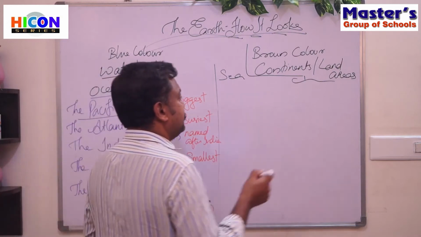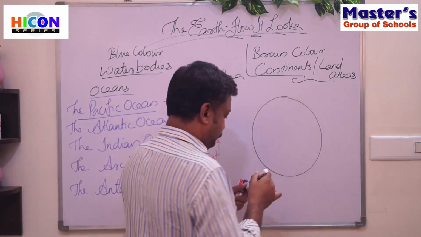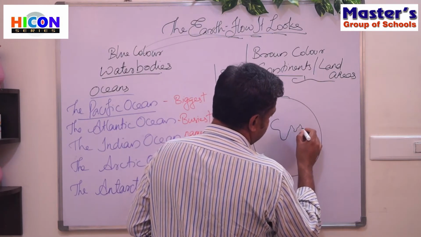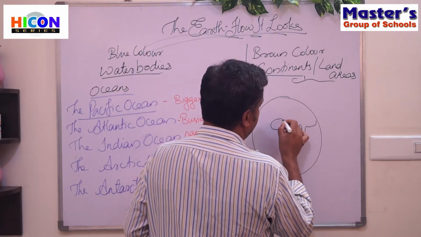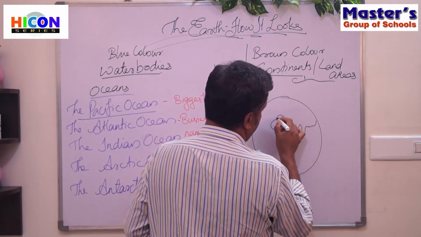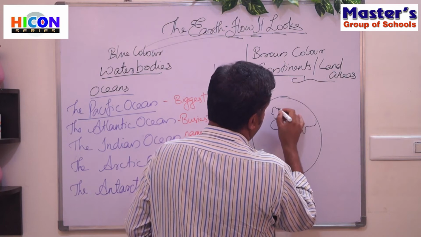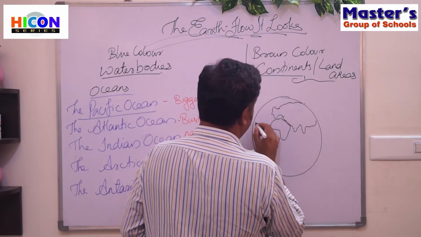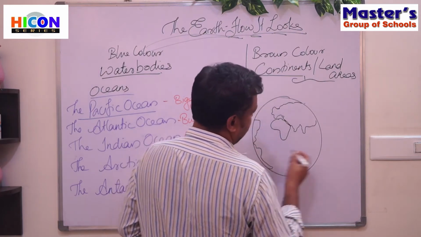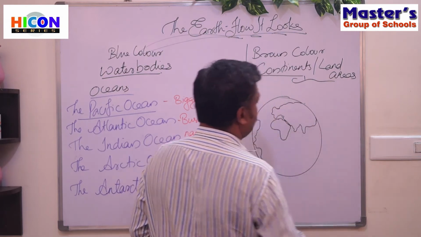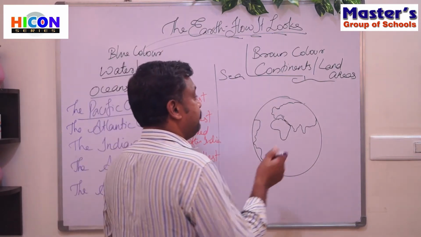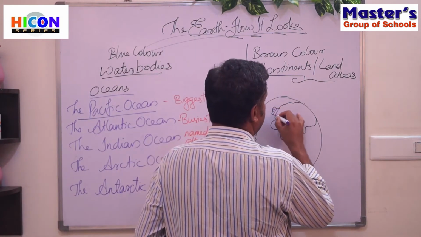So imagine we have a globe here, and in that we have the continents also. Let us think this shaded part is land.